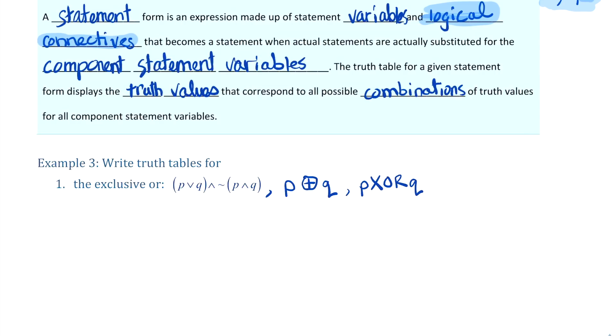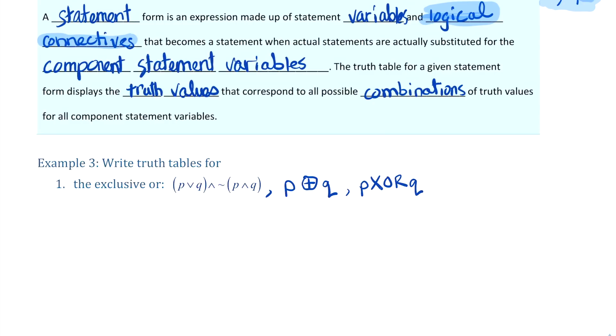And now we need to make ourselves a table with all possible combinations of truth values for the component statement variables.